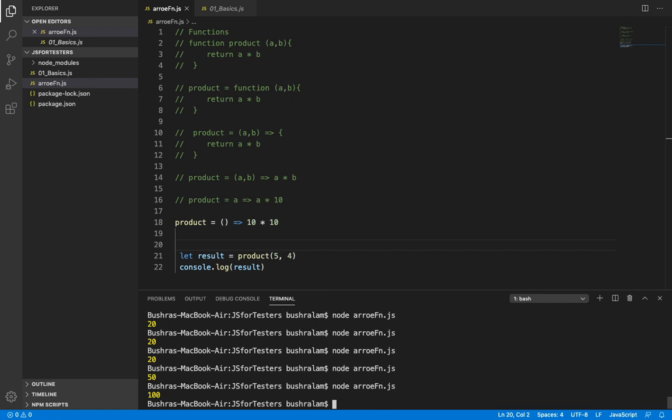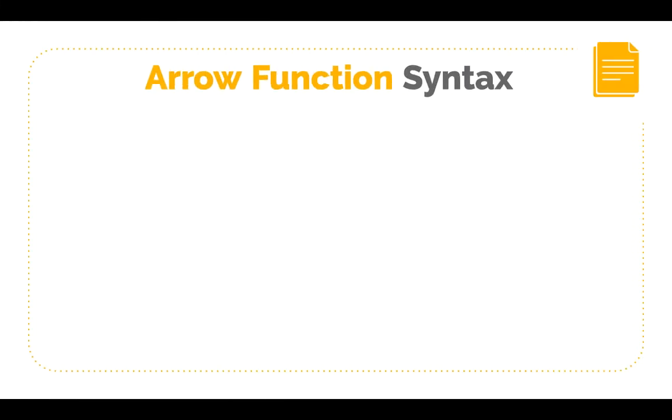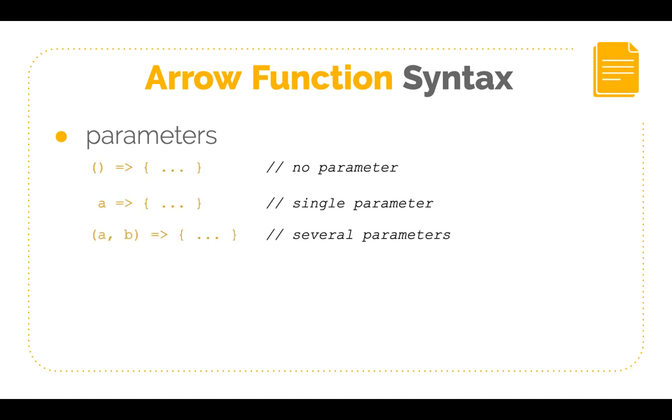Now let's review all the different syntax for arrow functions. Based on the number of parameters, the syntax changes a little. Let's see. Essentially, if the function has a single parameter, then we can drop the parentheses.